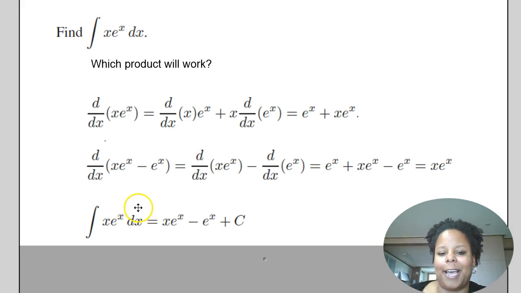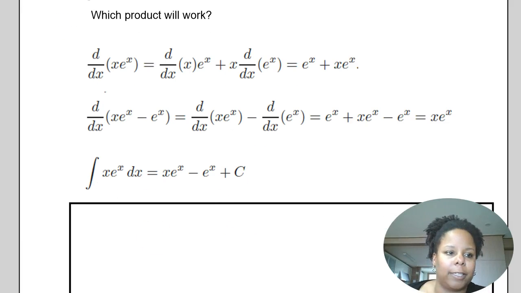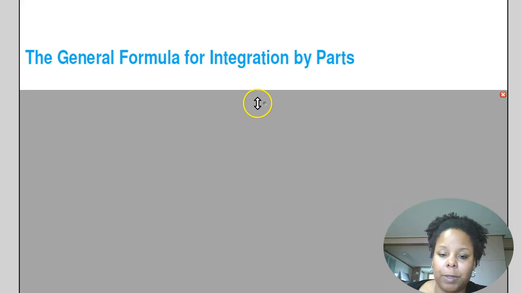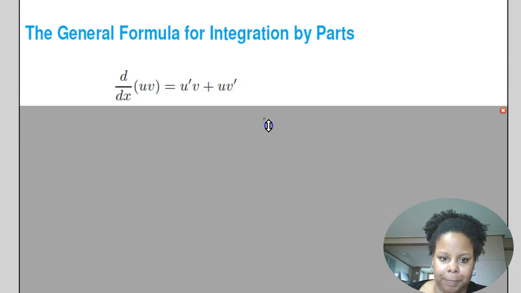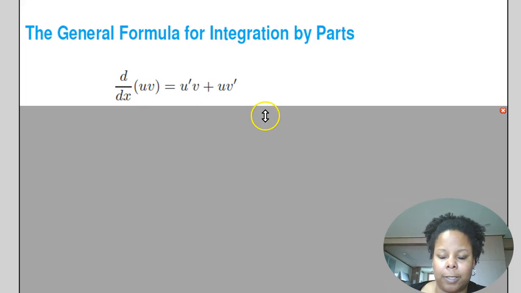We actually ended up lucking out on that spot, okay? So is there a more formal way we can go about doing that? And yes, it's a method that we're about to use called integration by parts. Here's what integration by parts looks like. If I want to use the product rule to differentiate the product of these two functions, as you can see here, that's the product rule.